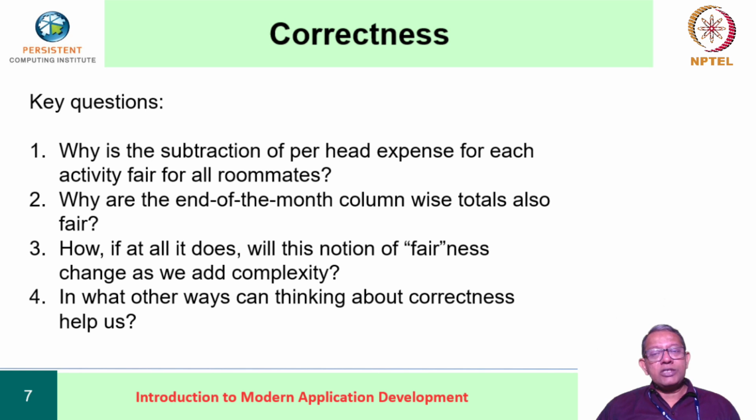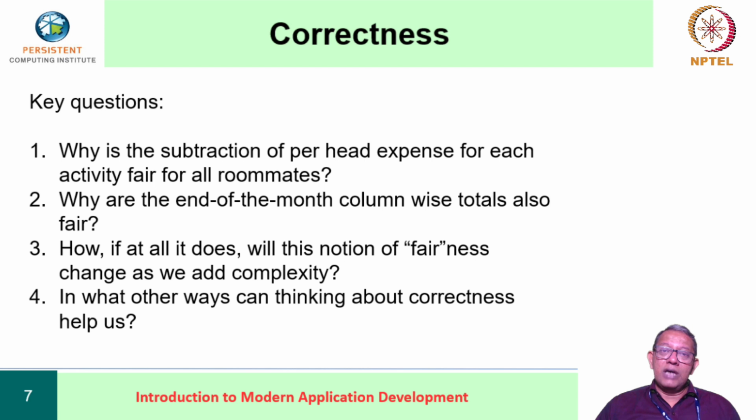Why is the subtraction of per head expenses for each activity fair for all roommates? Why are the end of the month column wise totals also fair? How will this notion of fairness change as we add complexity to the problem? After all, we are considering a simplified version of the problem.